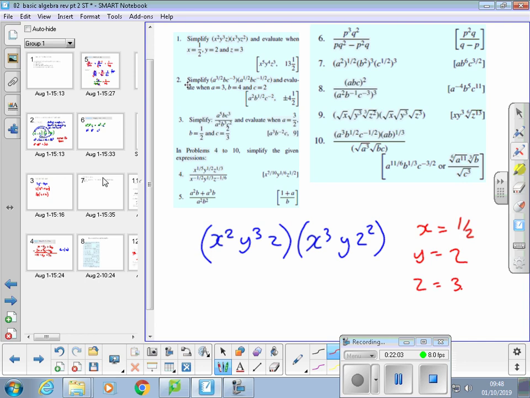Process from earlier. x squared times x cubed. So the law of indices says x to the 5, 2 plus 3, x squared times y.